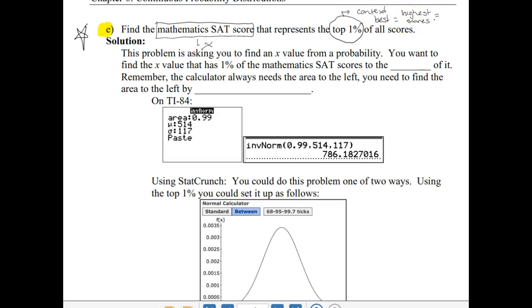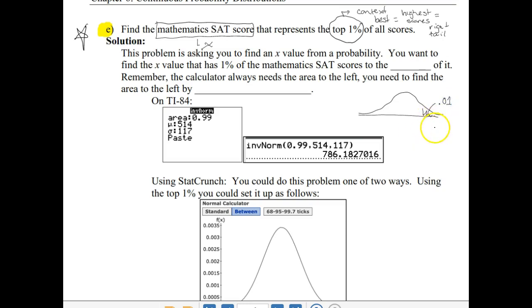And again, you have to keep in mind that the x-axis is an x-axis. As we read left to right, the numbers get bigger, so the highest scores are going to be in the right tail. Okay. So that tells us where we are going to put that 1% in the distribution of scores. So as we make a distribution, that 1% that they've given us is the shaded area.